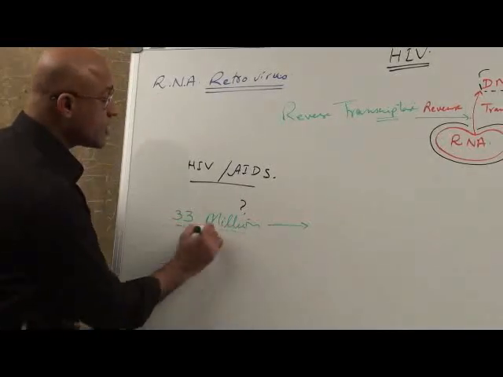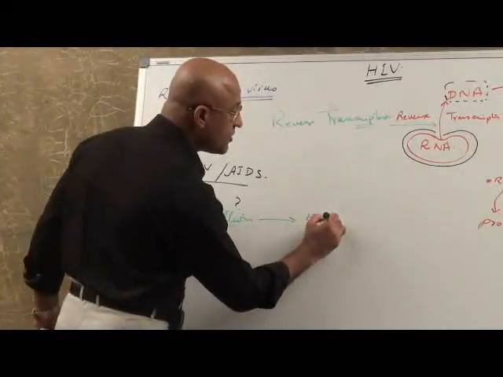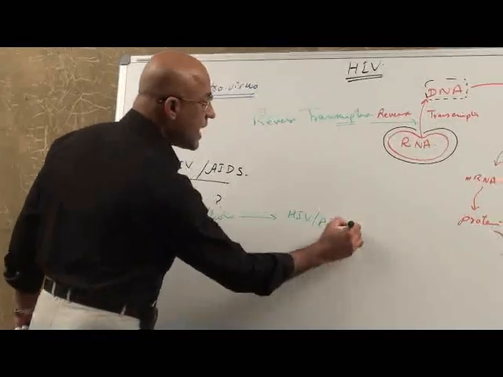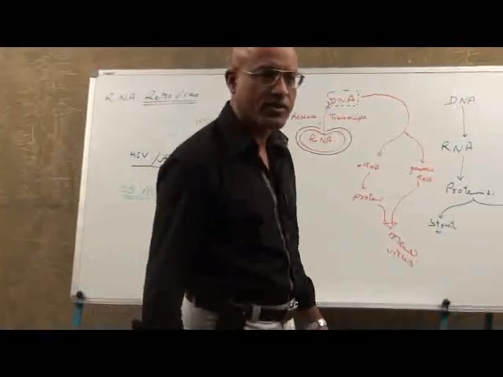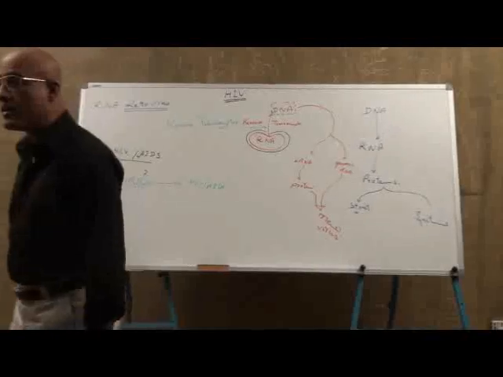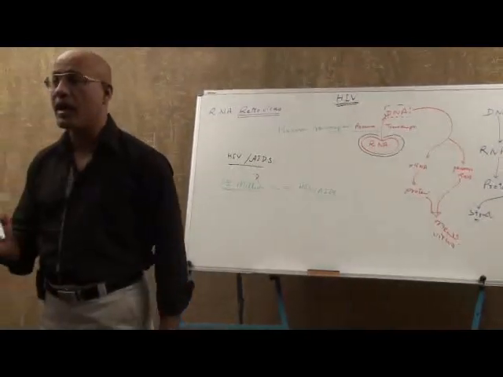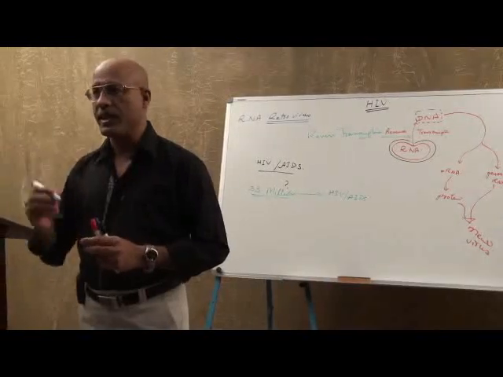So 33 million people are living presently with HIV and AIDS. And approximately how many people are dying with this disease? Average year, approximately 2 million. I mean, no one is sitting and counting every case, right?